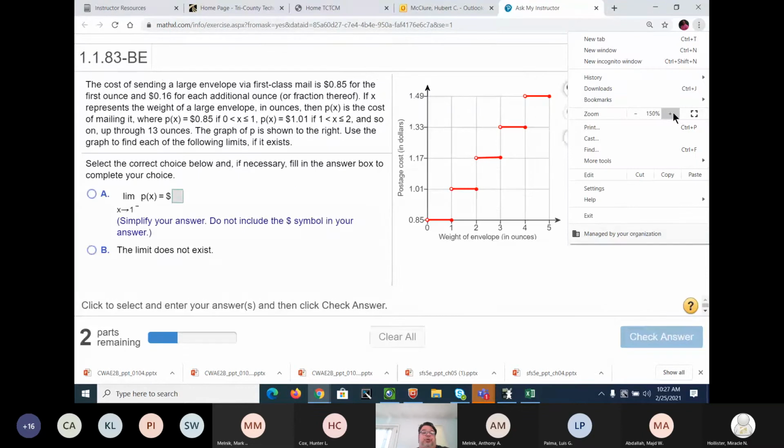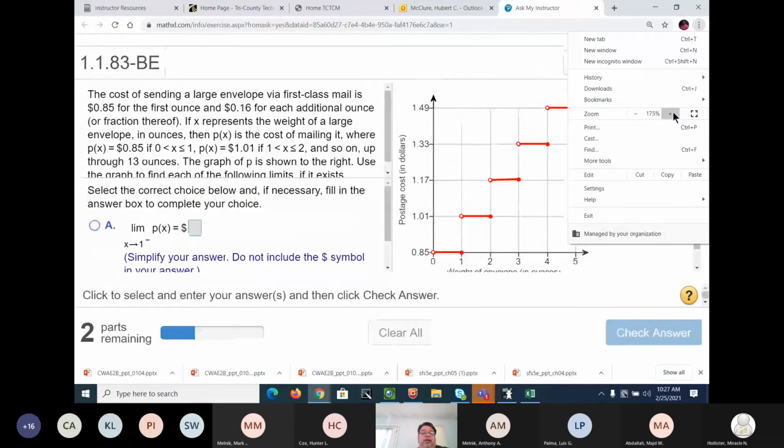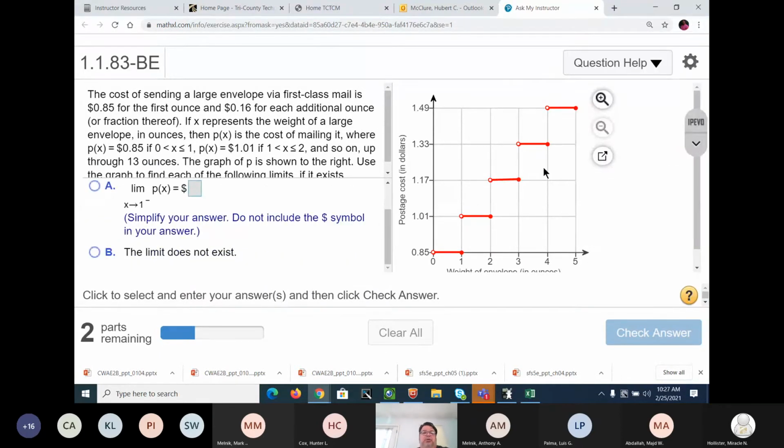I'll let y'all do this one, and then we'll have to do it together. Go ahead and write it down and do a sketch. You don't have to write down all these words. Don't just write down the limit of p of x as x approaches 1 from the left side. Write that down and then draw this, and that's all you need to do.